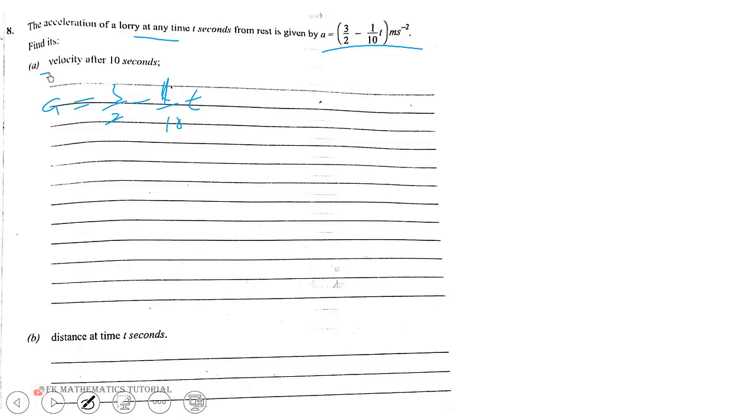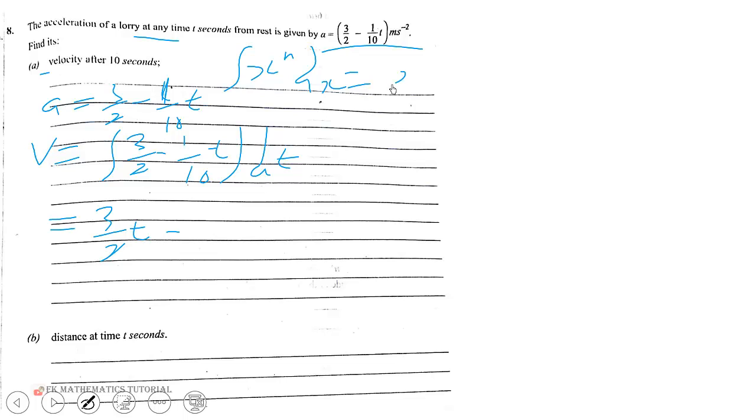We are asked to find the velocity after 10 seconds, so we have to integrate the acceleration to get velocity. So v will be equal to the integral of 3 over 2 minus 1 over 10 t dt, and that will be equal to 3 over 2 t minus... recall that when we are integrating we add to the exponent. So when we integrate x exponent n dx, we are going to get x exponent n plus 1 all over n plus 1 plus c. So the coefficient of the t here is 1.